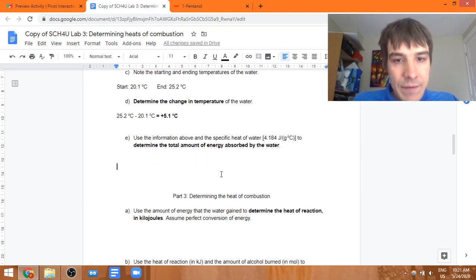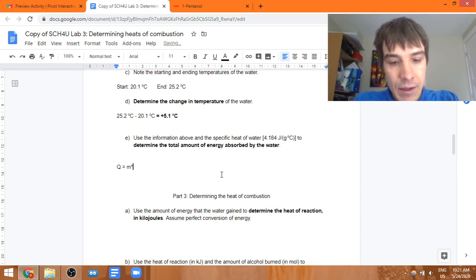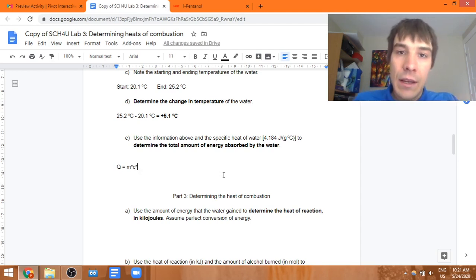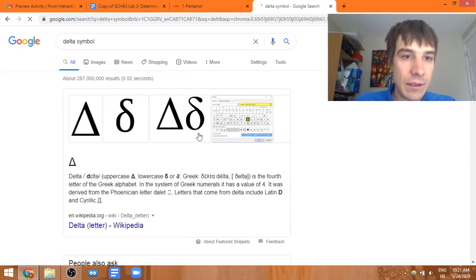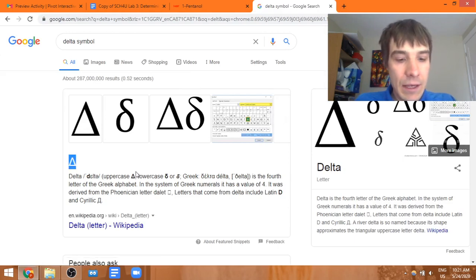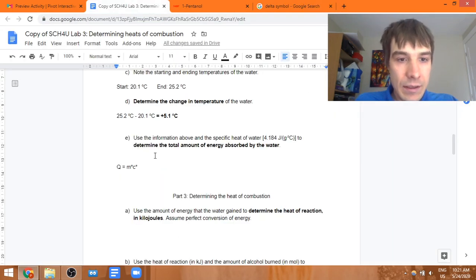Technically plus 5.1 if we wanted to do that. Using the information above and the specific heat of water, determine the total amount of energy absorbed by the water. Well, our equation is Q is mc delta T. I need a delta sign. Here's how I always get a delta sign: I just search delta symbol and copy that, and stick it in here.